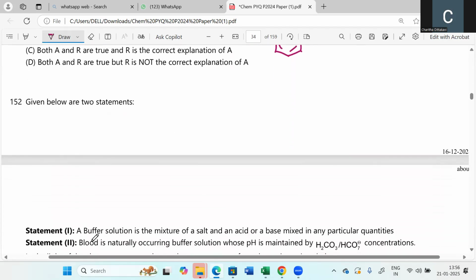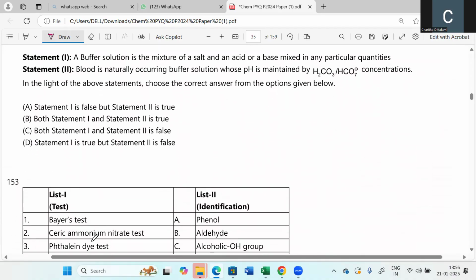Then given below are two statements again here. Statement oriented question coming up. A buffer solution is a mixture of a salt and an acid or a base mixed in particular quantities. Now, an acidic buffer means a weak acid and its salt. You all remember that part, buffer solutions in your chemical equilibrium chapter. An acidic buffer would be a weak acid plus the salt of a weak acid and a strong base, right?